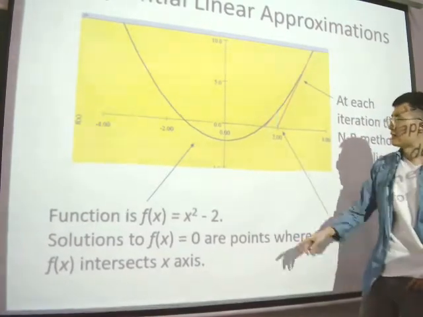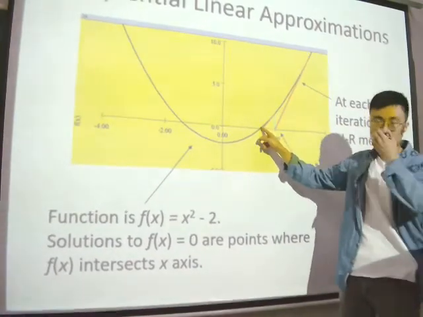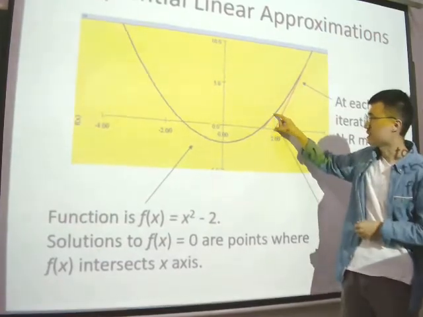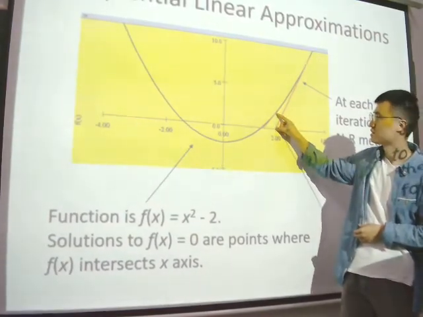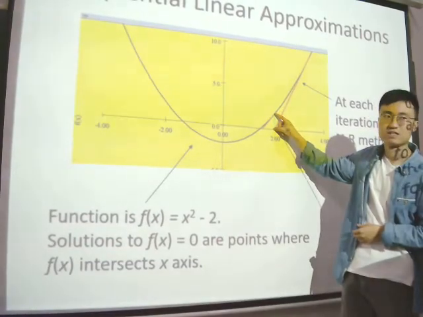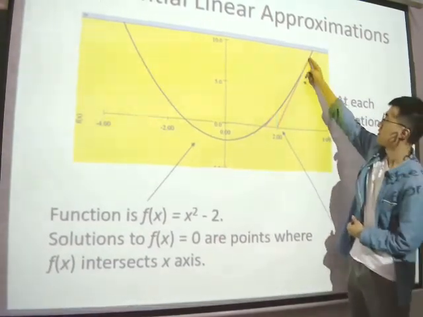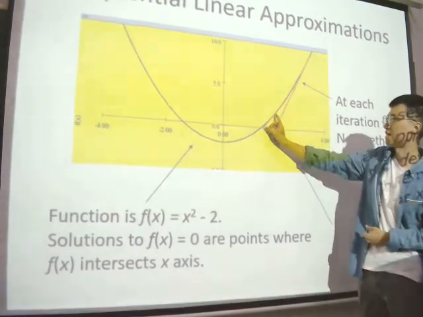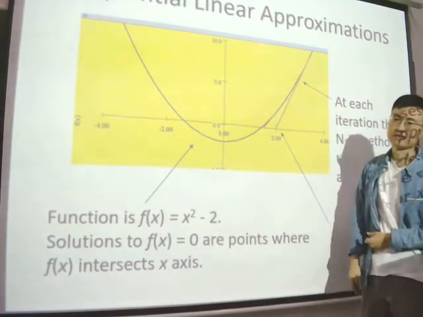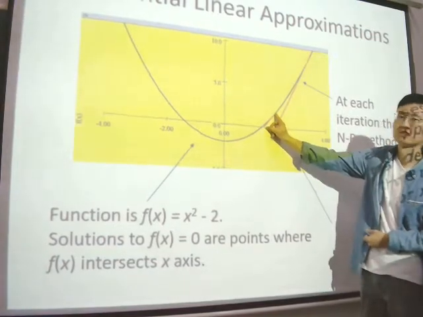We all know that at the intersection point, this delta is equal to 0, there is no difference, no distance. From the first delta x we get the second guess, the second tangent line.